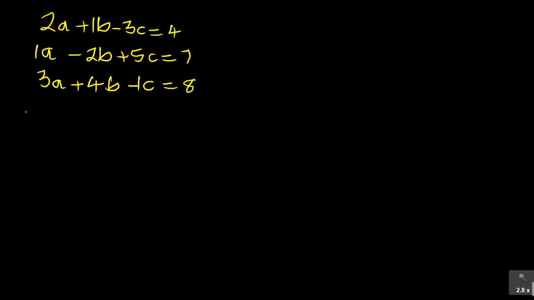So if I write that as a matrix, I have here 2, 1, 3, and then on the other row 1, minus 2, 4, and then minus 3, 5, and minus 1. So this is what I have in this case.